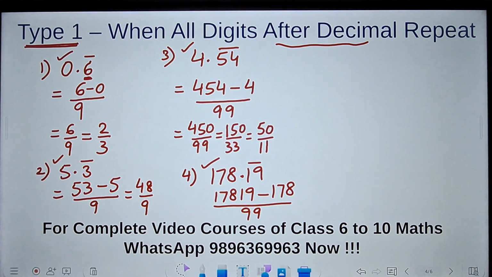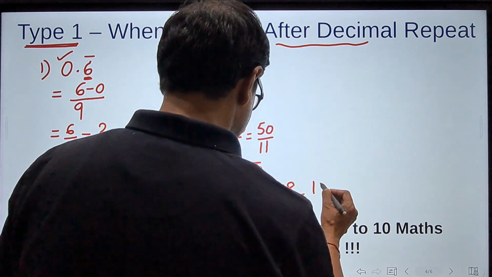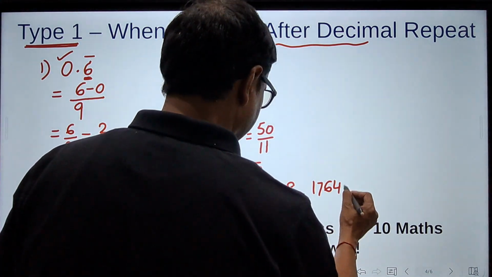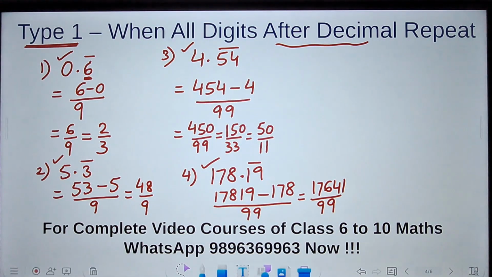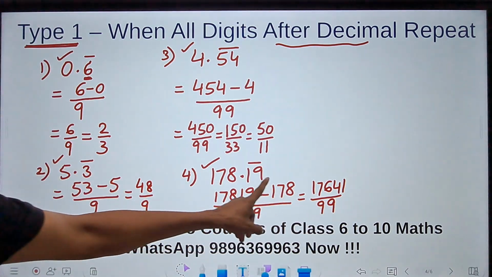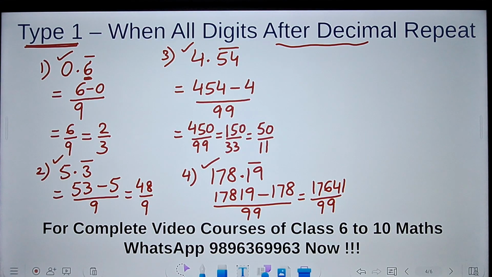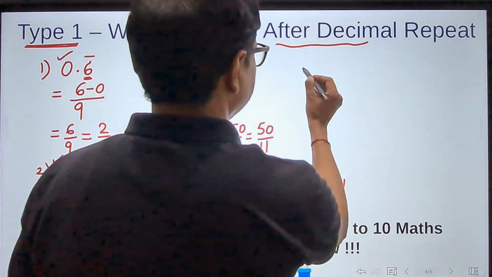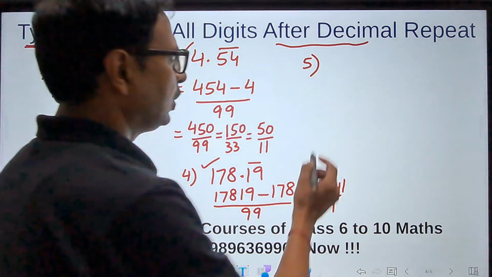So 17819 minus 178 happens to be 17641 and divided by 99, and I don't think there is any common factor here which I can cancel, and therefore this itself is the fraction equivalent of 178.19 bar. One more question and then we will move on to type 2. Let's take a big one.